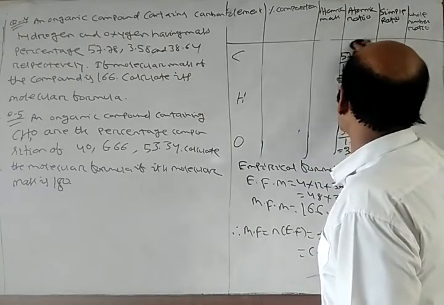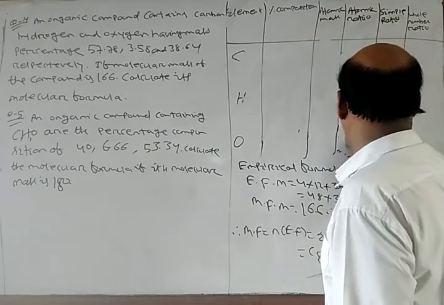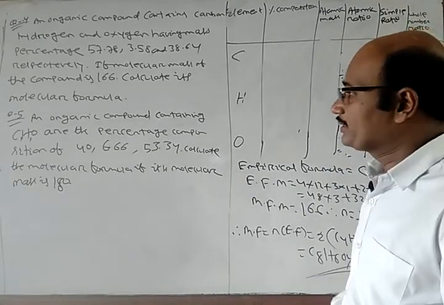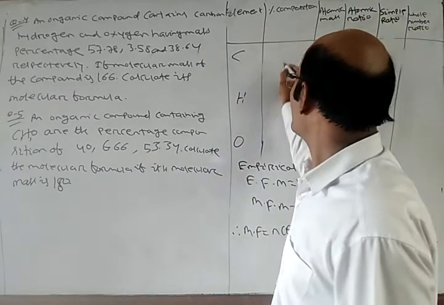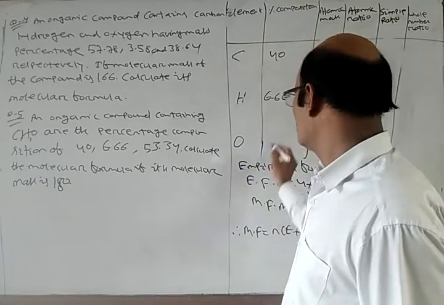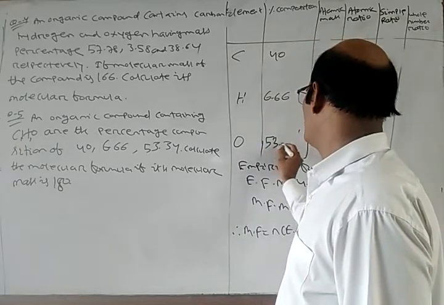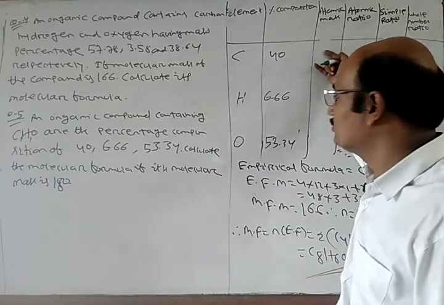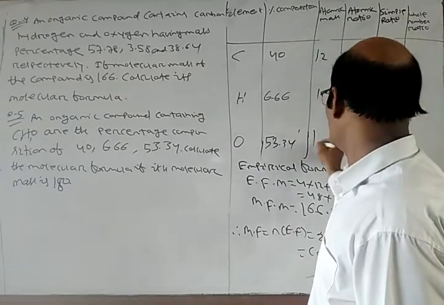So given here: carbon 40, hydrogen 6.66, oxygen 53.34. Atomic masses are 12, 1, 16.